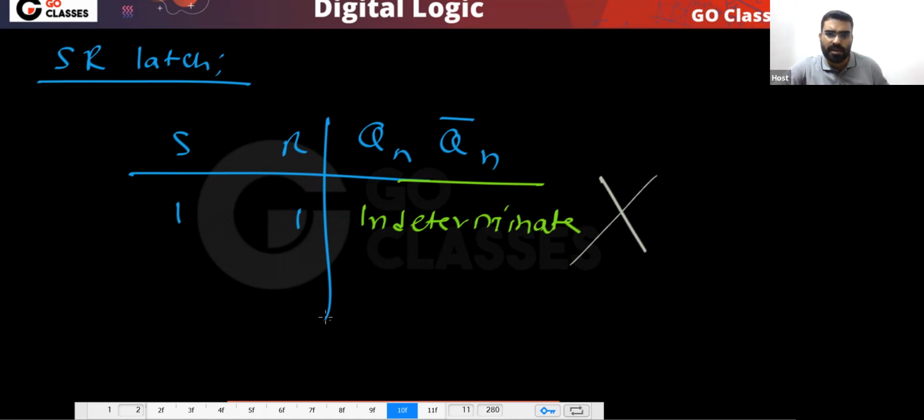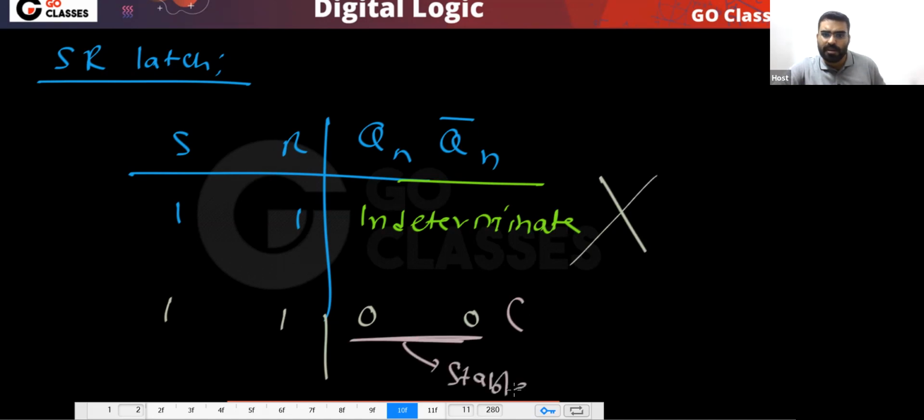What is the correct concept? When you apply 1 1, both outputs will definitely become 0 0. No problem. It is very much a stable output. But what is the problem?